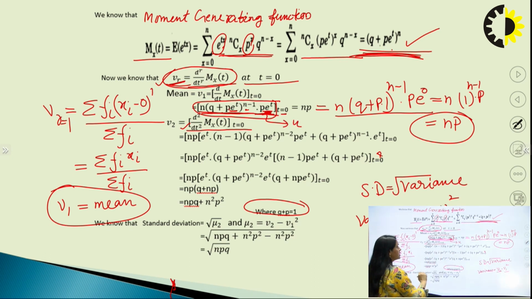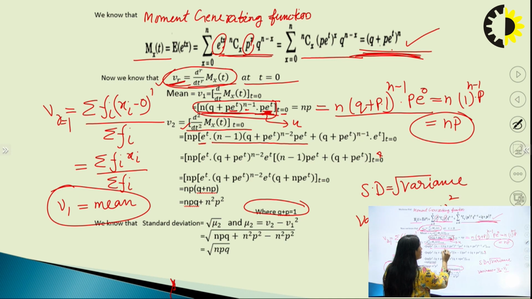So on differentiating, we will get u as it is, differentiation of v, which will be n minus 1, because n minus 1 is the power, it will come out (q plus p e to the power t) whole to the power n minus 2, and again on differentiating this we will get q will become 0. Why? Because we are differentiating with respect to t, so q will be treated as a constant and p e to the power t remains as it is.